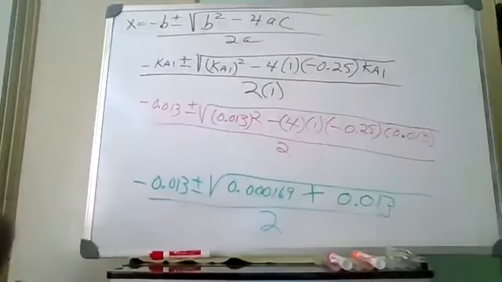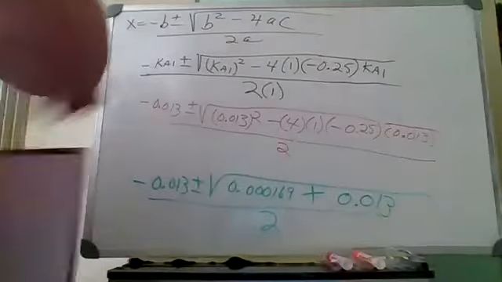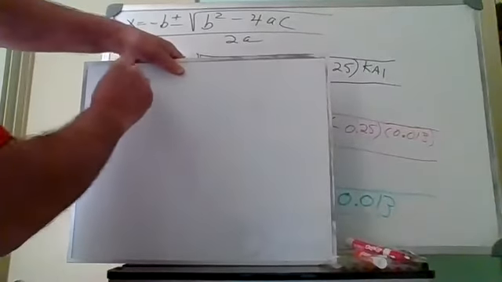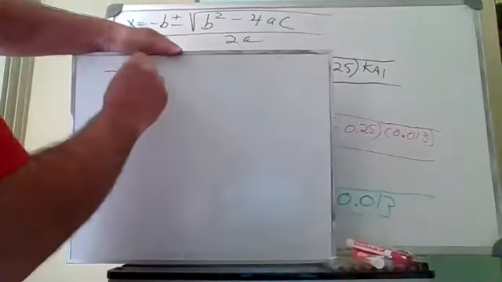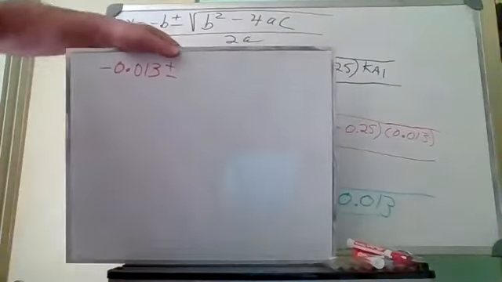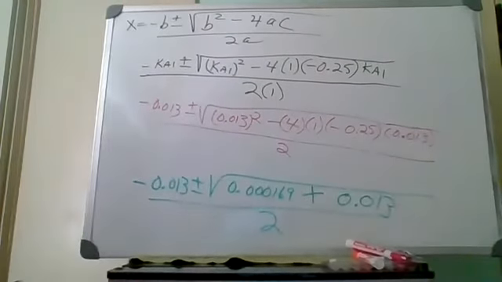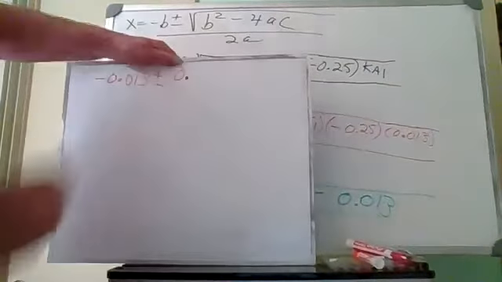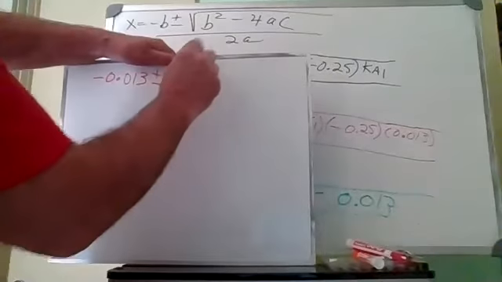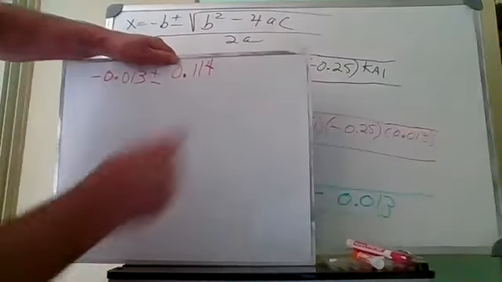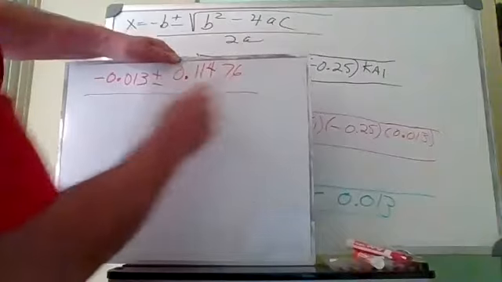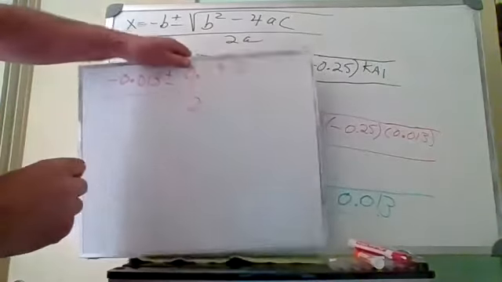Now, that's going to turn into negative 0.013 plus or minus 0.11476 divided by 2. Okay?